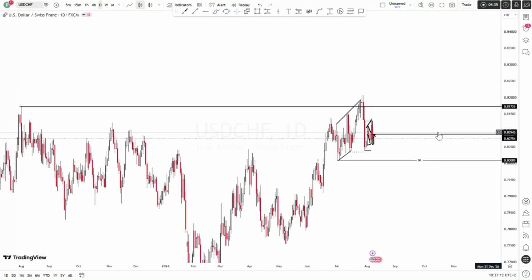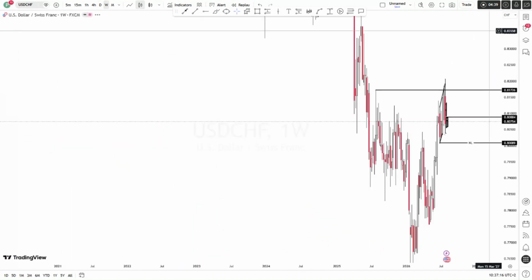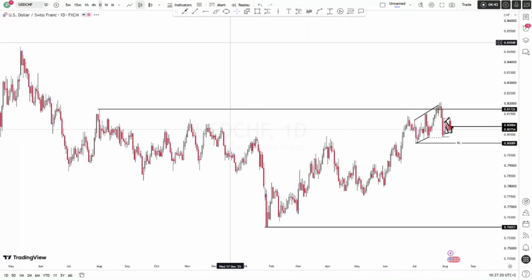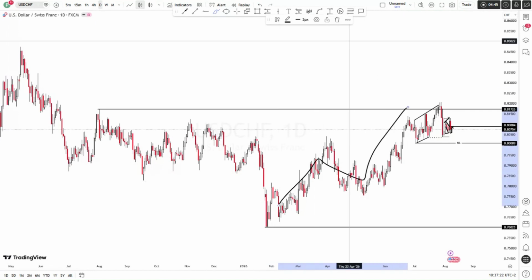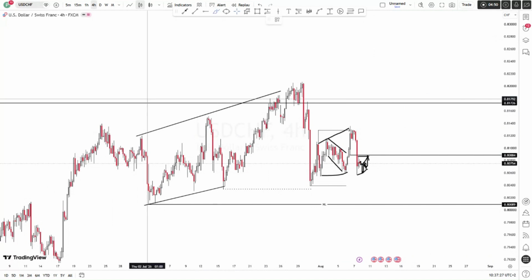So I also have the dollar chef. On the weekly time frame, as we could see, we responded from the high on the left, and we had this beautiful 1, 2, 3. As you go lower, you're gonna see that we had this beautiful piece of reversal structure. We got the aggressive sell-off, and we had formed some sort of reversal here, as a formation of a continuation.